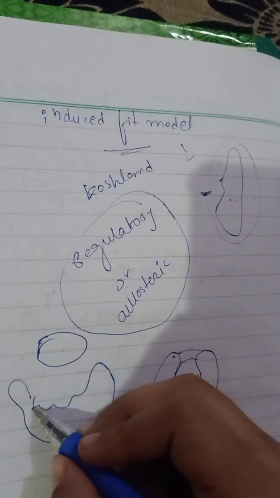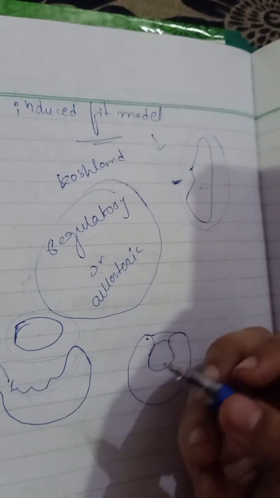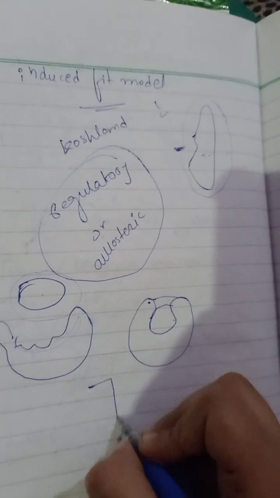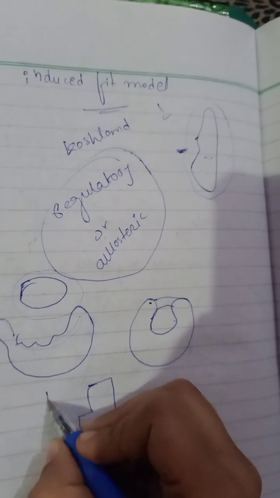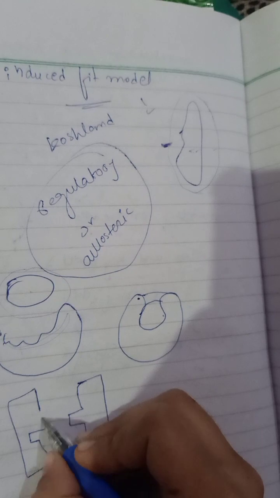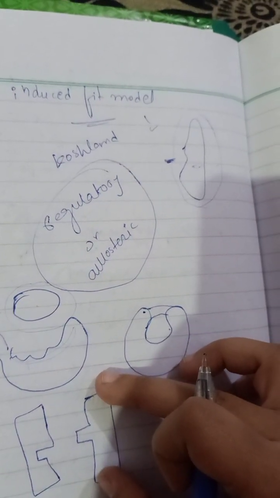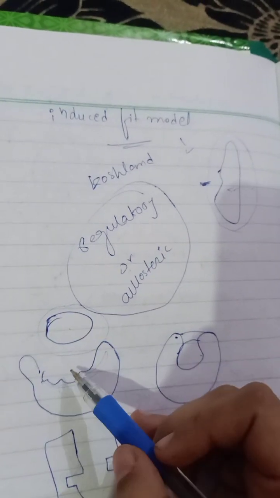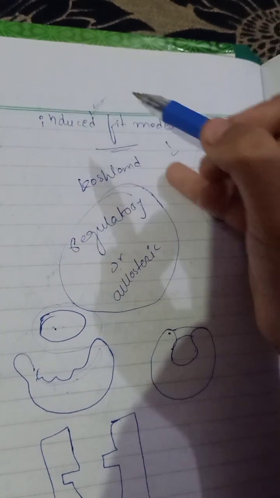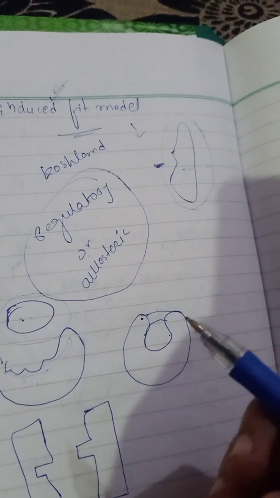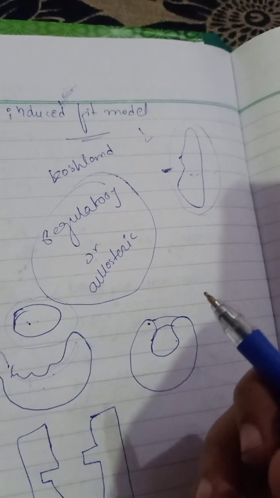You can see that the shapes are not the same, they are different, but they are joining. In the lock and key model only a matching substrate could join. This is called the induced fit model, where more than 100 different substrates can be joined into an active site.